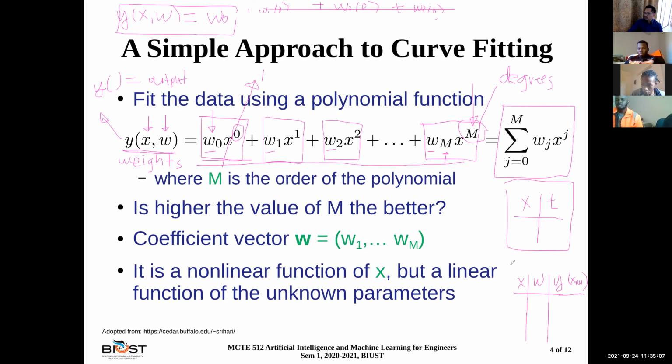So there you go. This is your estimated value. This is your measured value or target value. And this is the estimated value. To come up with your estimate, you need the x as well as the weights, because to build your polynomial function, you then have the output y of x, w.